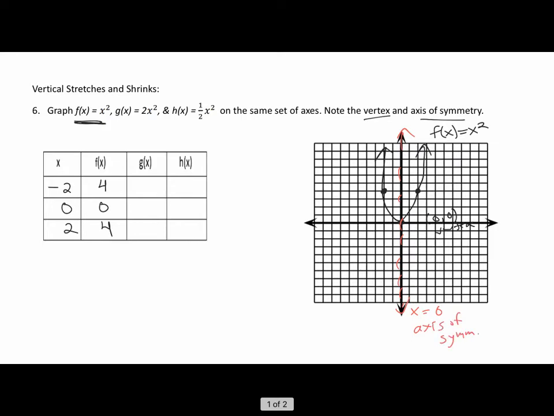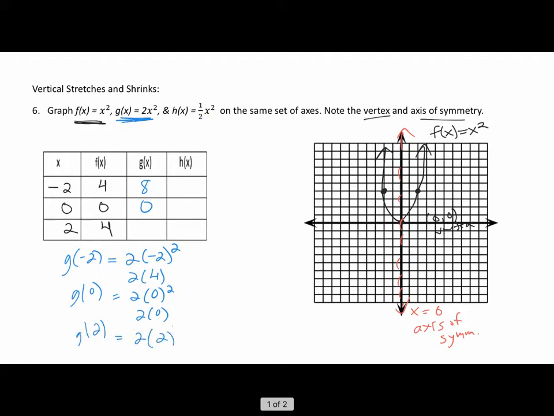So let's look at g of x. That's 2 times x squared. So if this was negative 2, that's 2 times negative 2 squared. So 2 times 4 is 8. For 0, that's 2 times 0 squared, and 2 times 0 is 0. And for positive 2, that's 2 times 2 squared, or 2 times 4, which is 8.